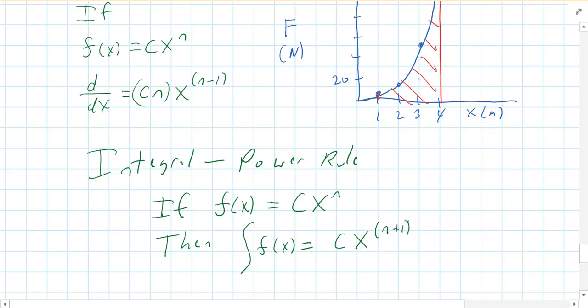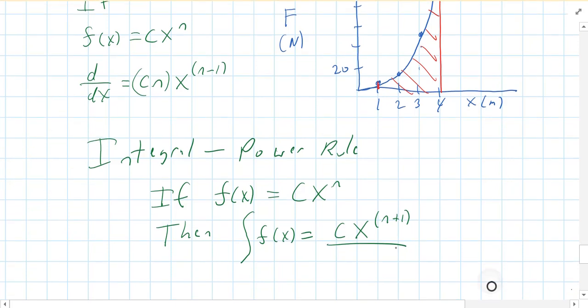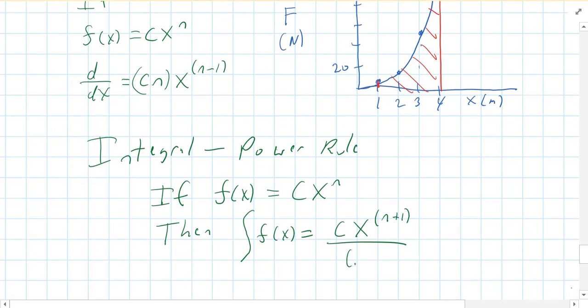So now you have n plus 1, and instead of multiplying by that new exponent, you divide by that new exponent. Now, I'm sorry about this, but I'm going to add something. We're going to put a little dx here.